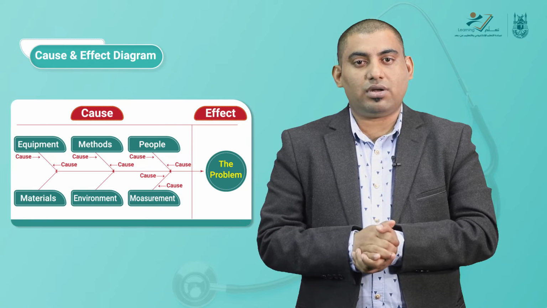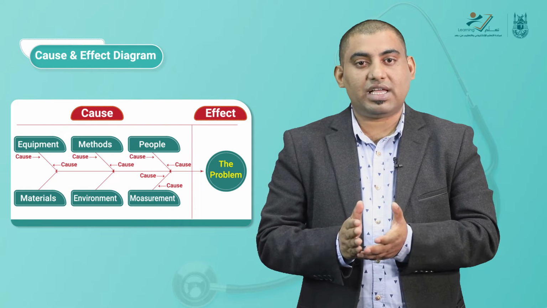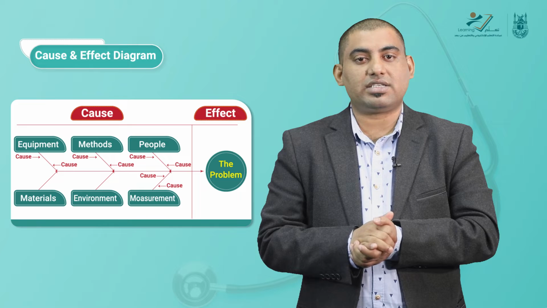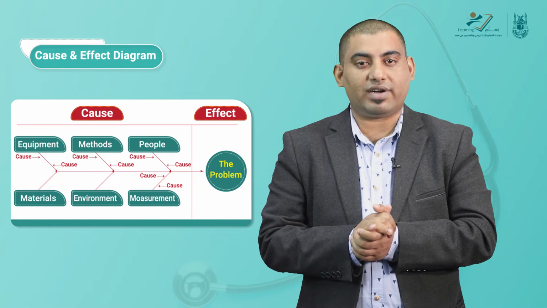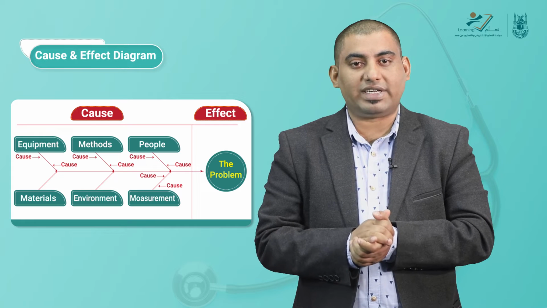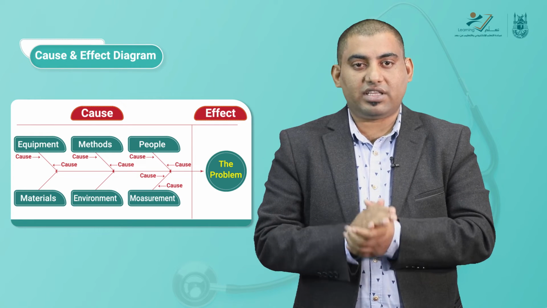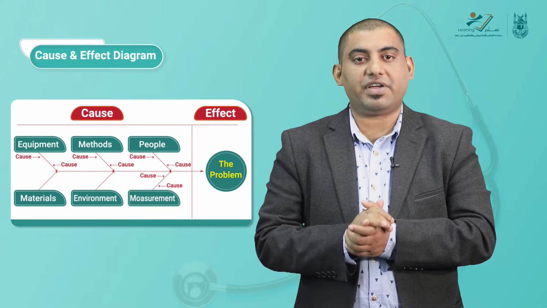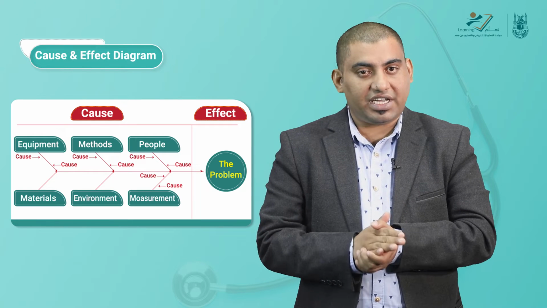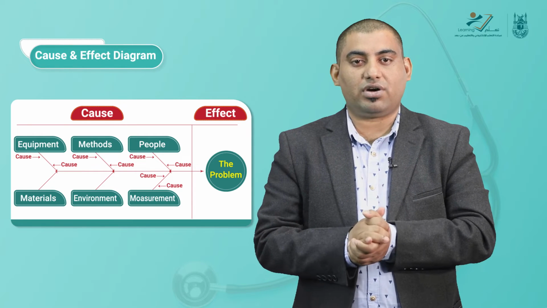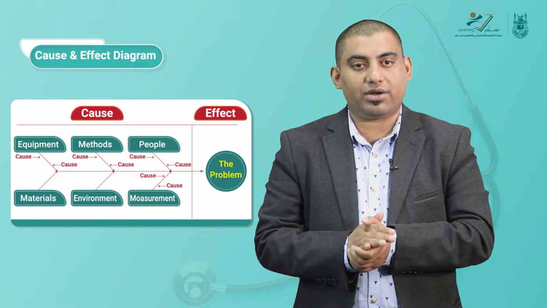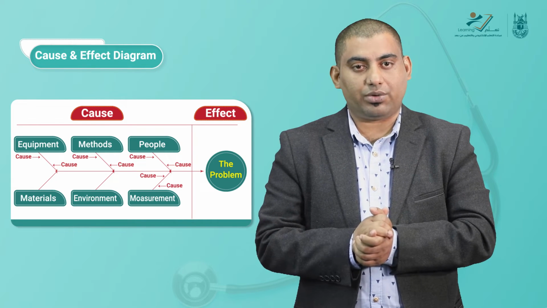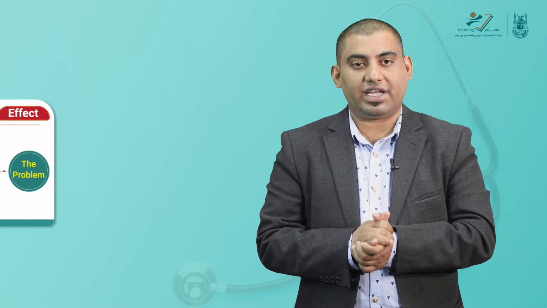It is a useful way of mapping the inputs that affect quality, also known as the fishbone or Ishikawa diagram. It is also a useful technique for opening up thinking in problem solving. The effect or the problem being investigated is shown at the end of the horizontal arrow, and potential causes are then shown as labeled arrows entering the main cause arrow. That is basically the cause and effect diagram.